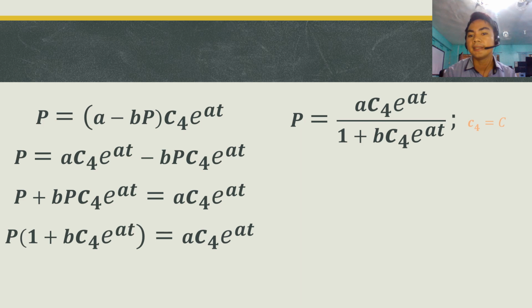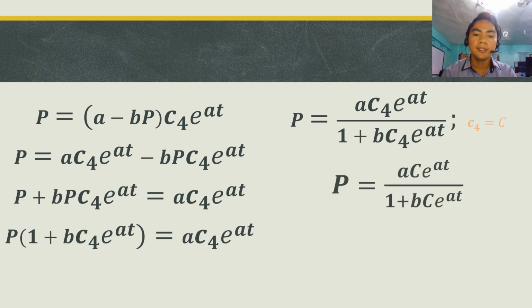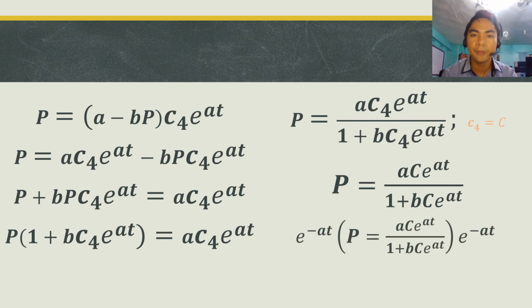We're equating c sub 4 as c, since I guess it's the last constant we have. Therefore, we are having this equation p is equal to ac e raised to at all over 1 plus bc e raised to at. And then let's multiply both sides by e raised to at. And let's simplify.